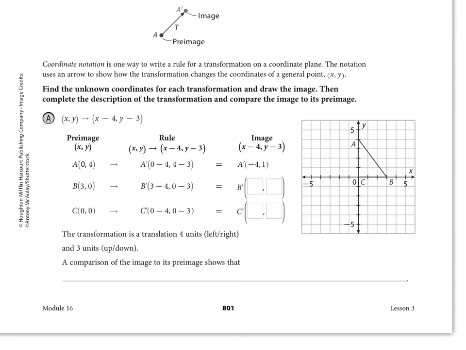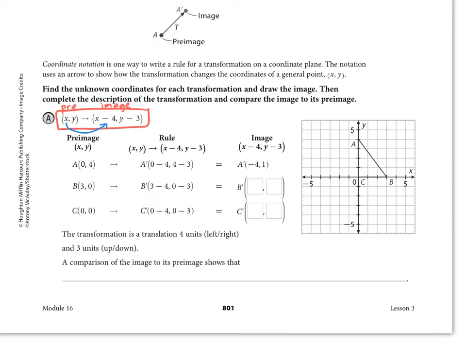Okay, coordinate notation is something that looks like this. Coordinate notation tells us where to start with our pre-image. That's always going to be x comma y, and then the image is, okay, what are we doing to the pre-image to get our image? So just to show you what's going on with this specific rule, we're going to take x and subtract 4.